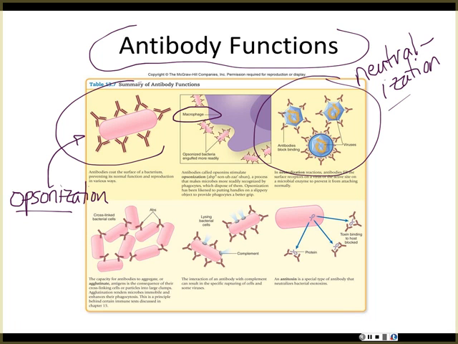If they're coated with antibodies, those antibodies can block that from happening. That's called neutralization. So the viruses can't attach to their host cell receptor, so they're not going to be able to infect your cells. On top of that, the poor little antibody-coated viruses are going to get phagocytosed, because antibodies, again, are like magnets for your phagocytes.